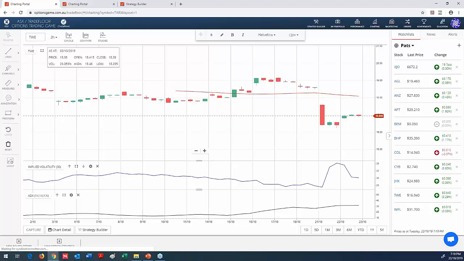Opened it up yesterday, closed it today, 31k profit on that spread, pretty much one-to-one with risk, and a good trade, because his assumption was that it just continued going down. So it did, dropped another $0.50.